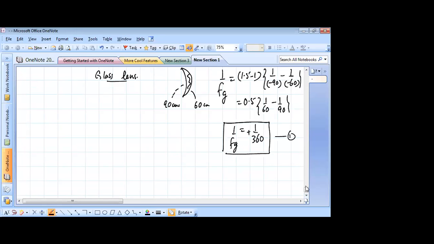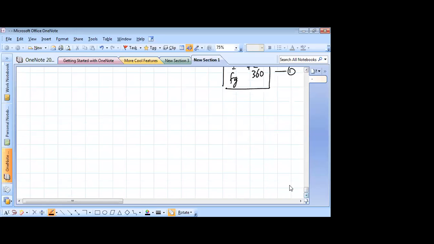That's the first thing. Now you think of the water lens. So mu is 4 by 3. This side is 90 centimeters. So it's in contact with that glass part, and this side is plane.